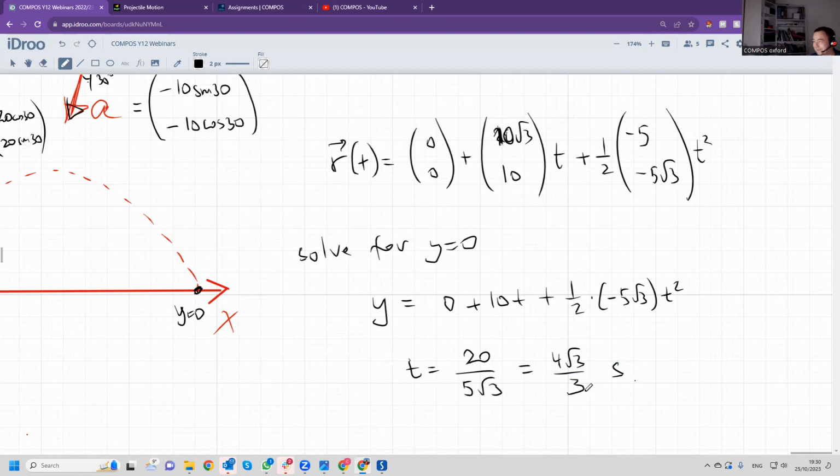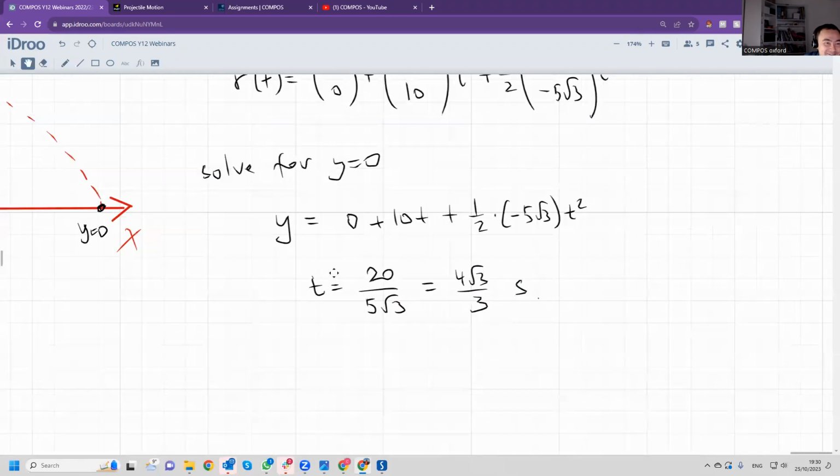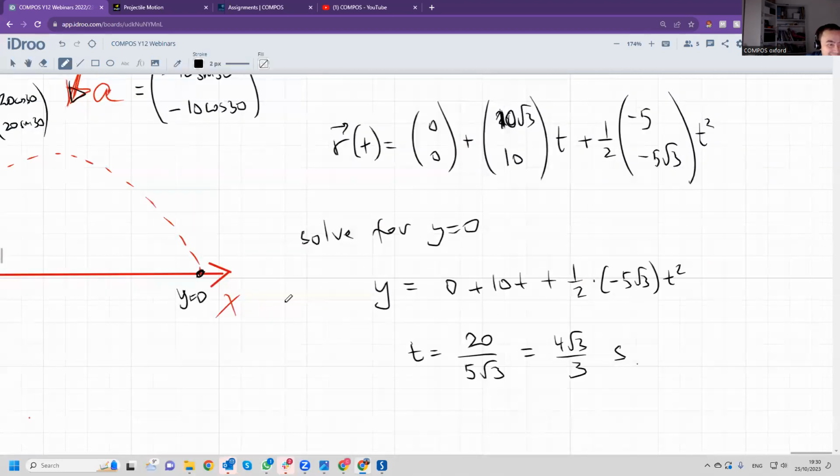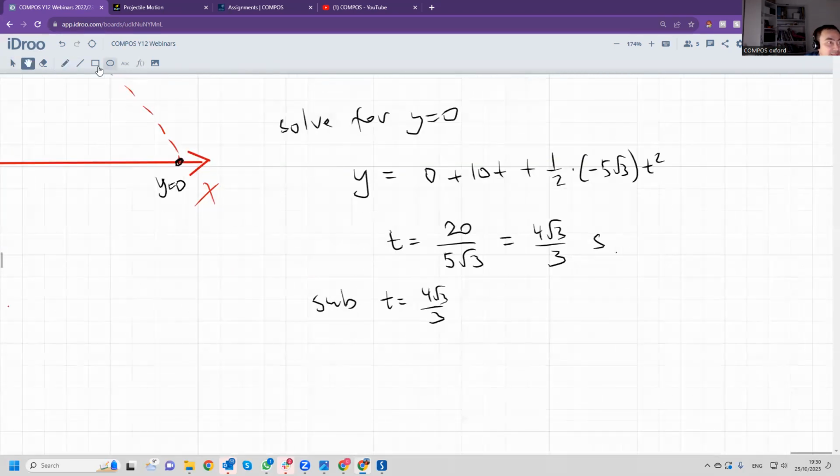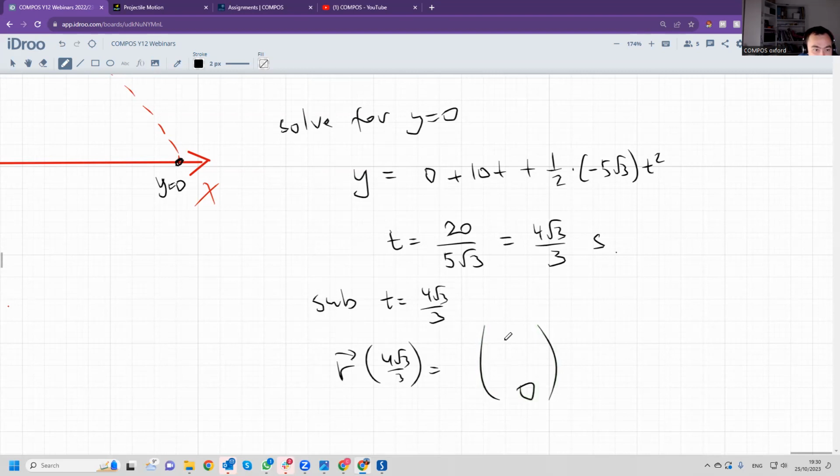I haven't messed it up. Okay, and then you find the distance. Substitute t equals 4√3/3, and then you get r of 4√3/3, and it gives you 0 and 80/3 meters.